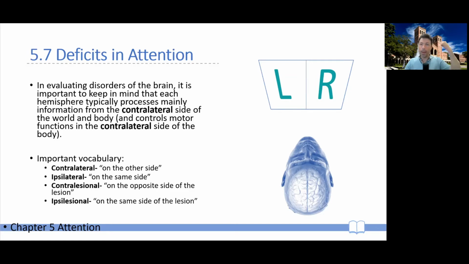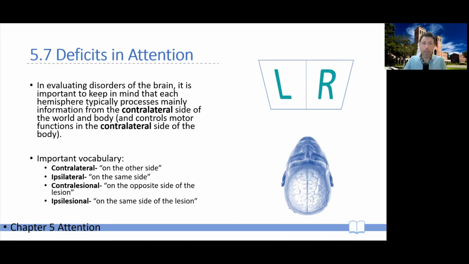Vice versa, the left hemisphere controls the right side of your body and receives information from the right side of your body and from the right side of your visual field. So in this sense, the brain has a contralateral organization.